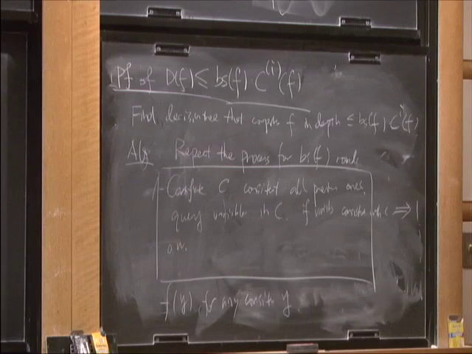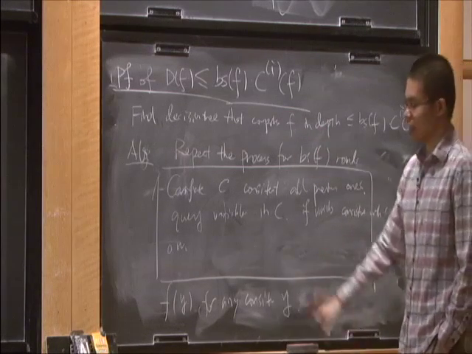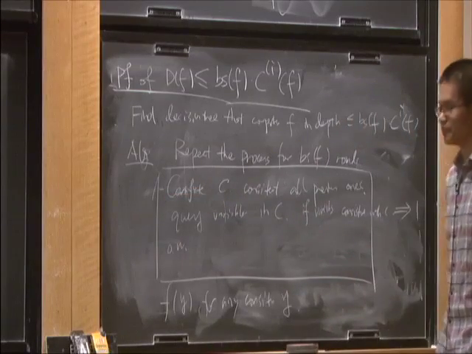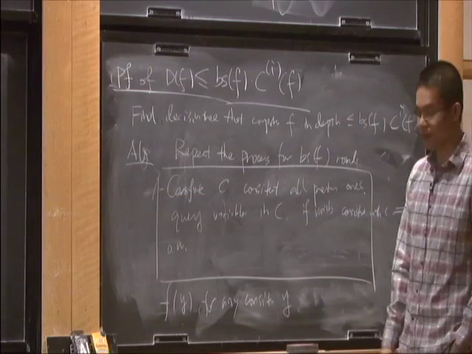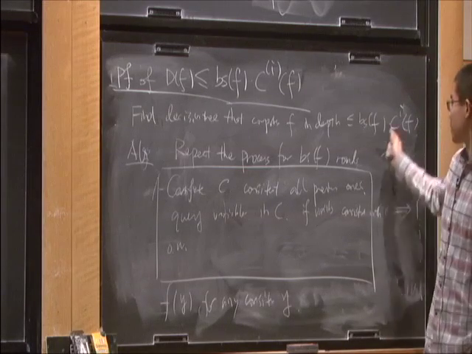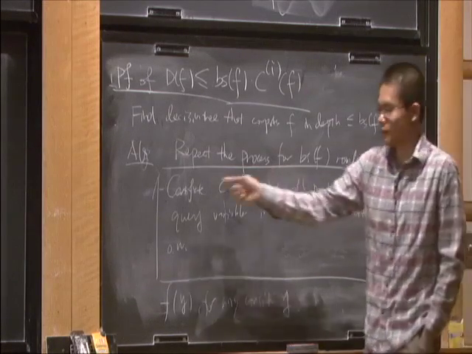I'm not sure what the process is. Do you keep taking different certificates, or do you just look at one certificate? I take one certificate arbitrarily, but only one. So you're saying i equals 1? Yes, I'm proving it for i equals 1, but it's the same if you change this to 0.